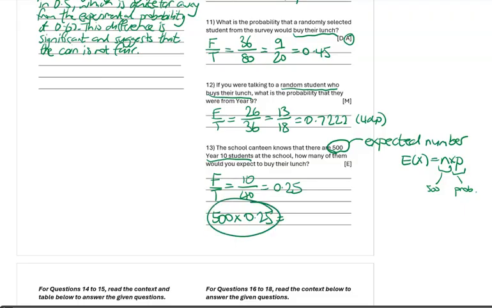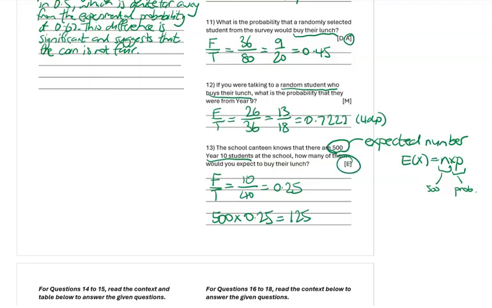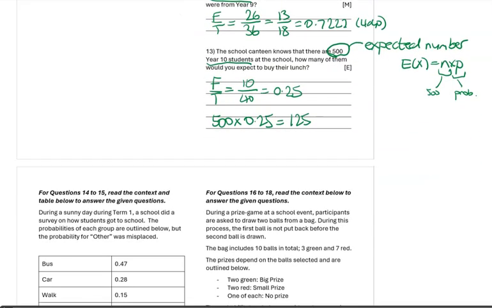What that's going to do is break up the 500 year 10s and find a quarter of them to answer the question. So 500 times 0.25 is equal to 125. And if you got that, I thought that was a really good excellence mark in terms of the maths and the requirements in that section.